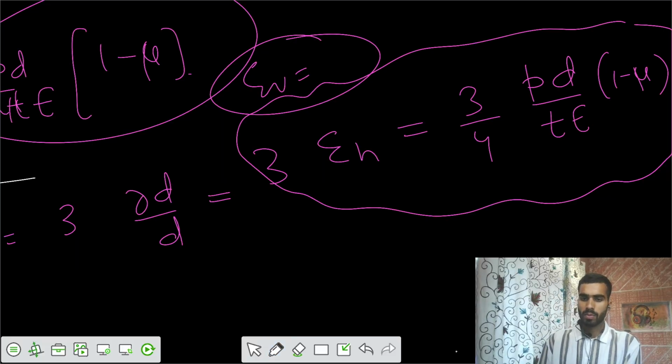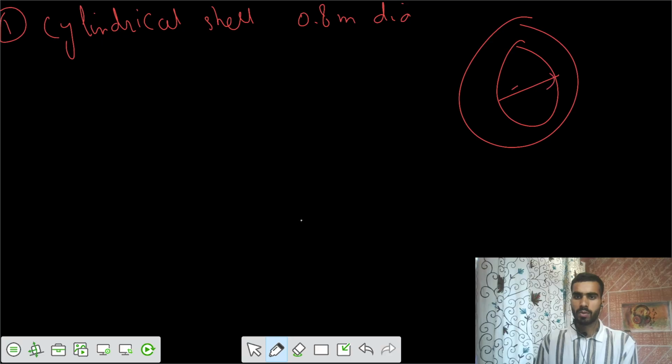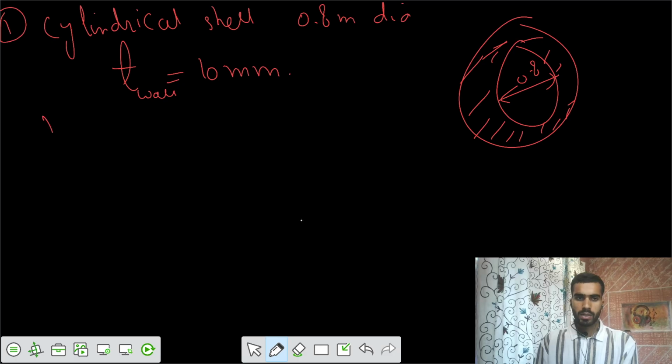So let's take the problems. Problem 1. You have a cylindrical vessel, a cylindrical shell of 0.8 meter diameter. The thickness of the wall is 10 millimeter, and it's subjected to an internal fluid pressure of 2.5 megapascal.